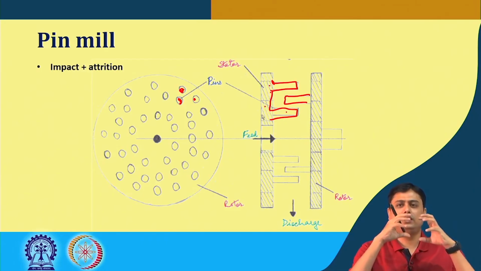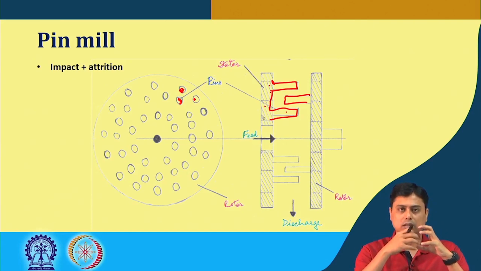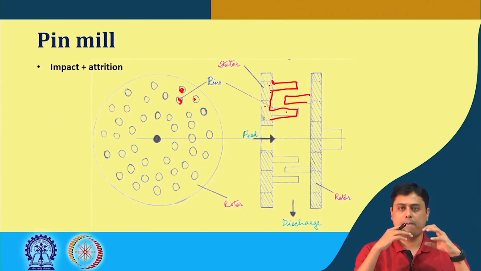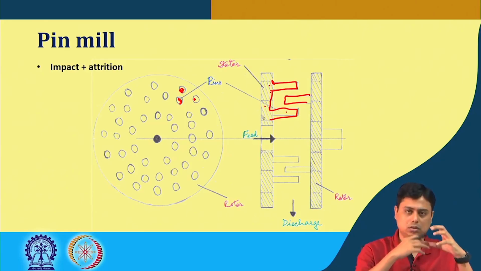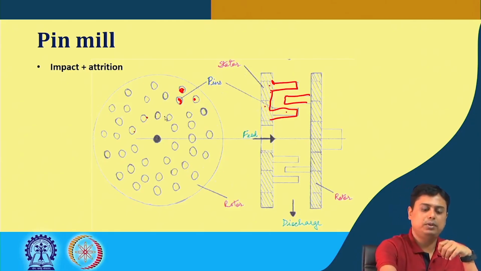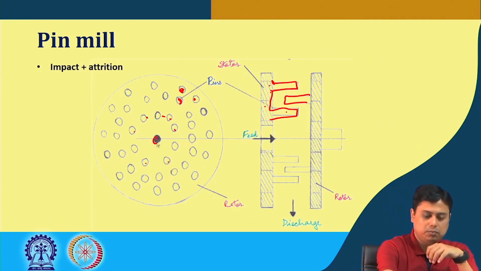So, basically these are two moving wheels rotating against each other, and they have teeth attached to their surfaces in alternate positions, so that a smooth rotation of the disc can happen. Quite naturally the pitch of these tooth positions, or the pins, will be one of the design parameters, and through this position the feed goes in.